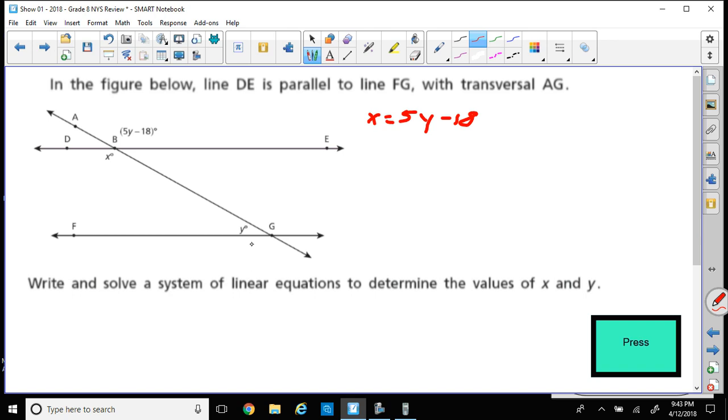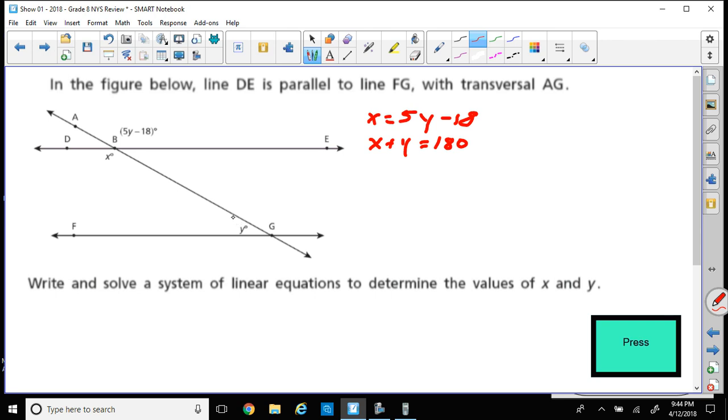Then I gotta notice down here a y. Now, I have an x over here on the same line as y. These two angles are supplementary, so they add up to 180 degrees. So I could use that second equation. But I notice I have this exterior angle, and I have an interior angle here on the opposite side, alternate interior angle.